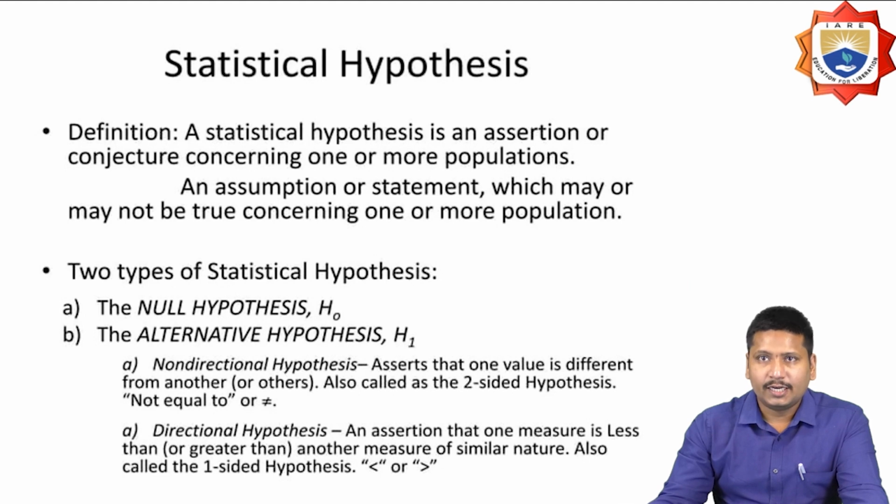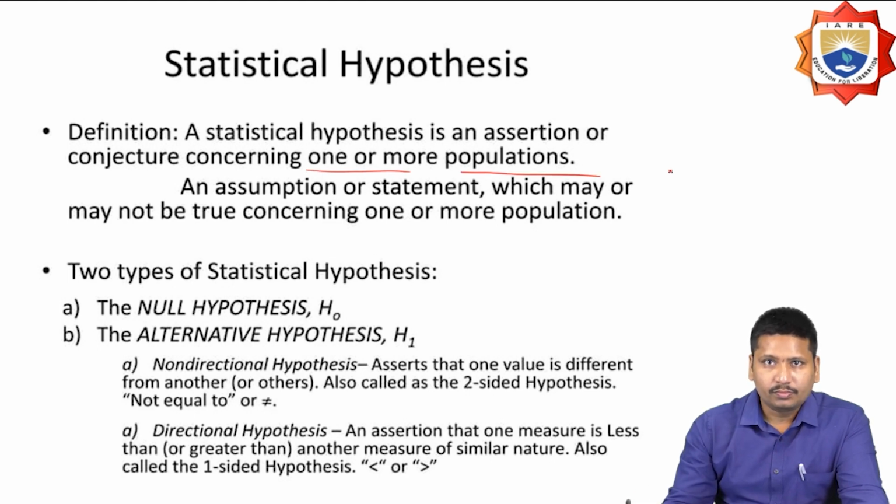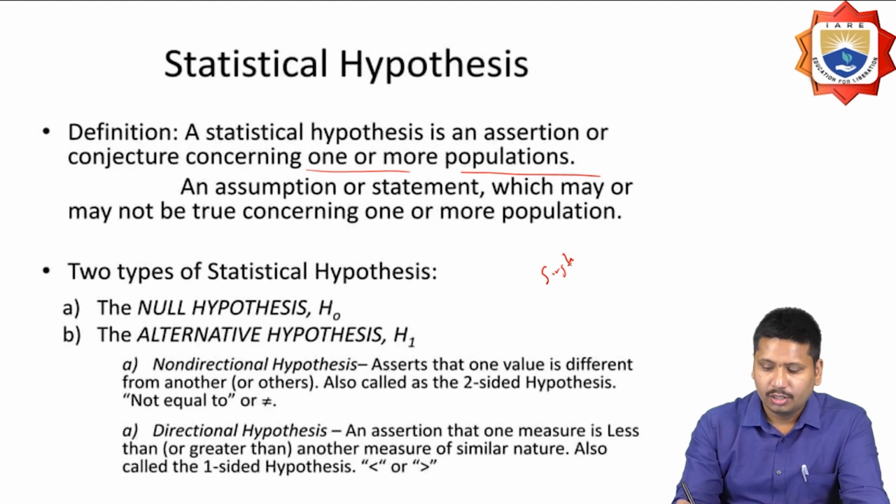What is a statistical hypothesis? A statistical hypothesis is an assertion or conjecture concerning one or more populations. Normally we treat only a single population here, right?